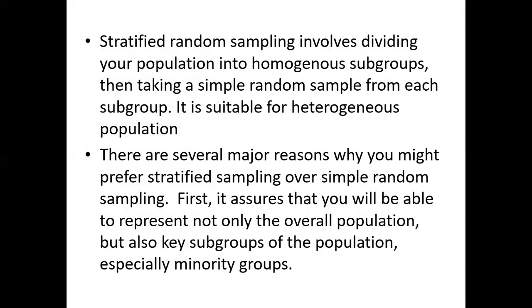First, it assures that you will be able to represent not only the overall population, but also the key subgroups of the population, especially minority groups. So the heterogeneous groups will be divided into homogeneous subgroups, then apply the simple random sampling techniques inside these subgroups.